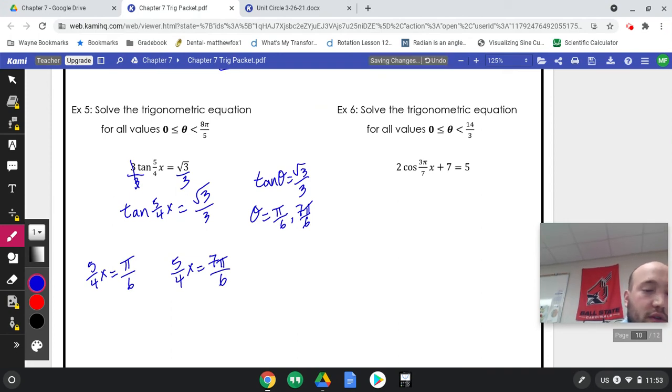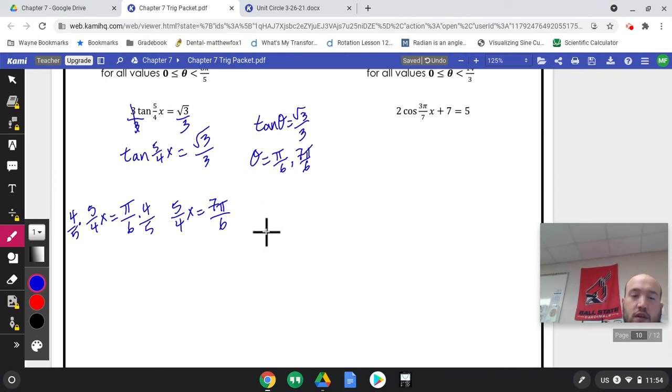So we will multiply that by the reciprocal, which in our case is 4 over 5. This will cancel. X will equal 4 pi over 30. Hopefully you see that's not in simplest terms. We got to reduce. 2 goes into both of those, so we'll get 2 pi over 15.